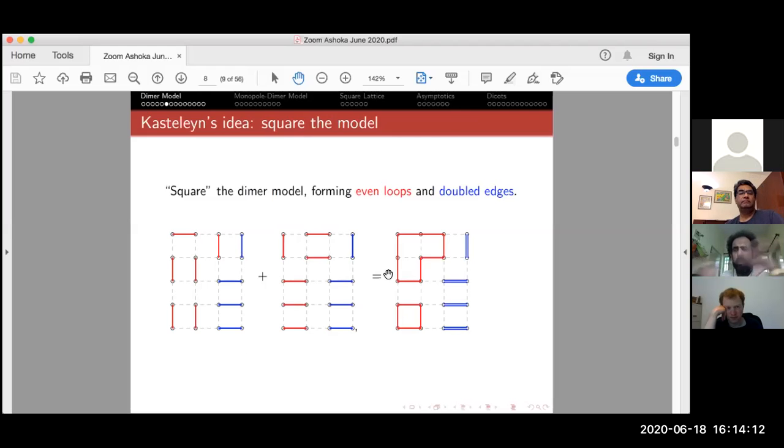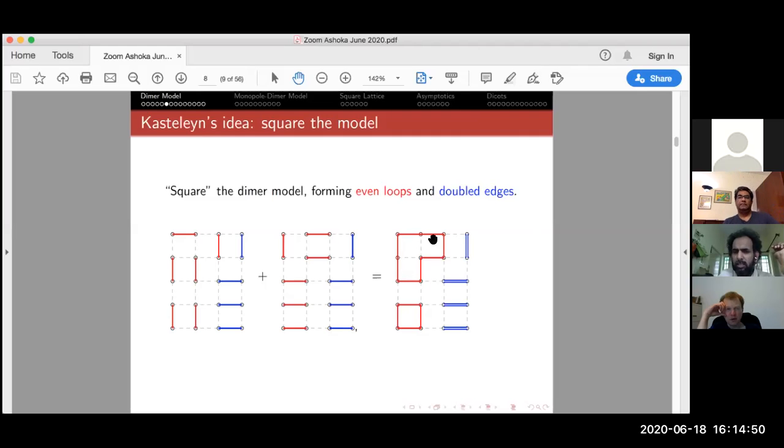When you superimpose them, one can see without too much difficulty that what you will get are either doubled edges, where in both copies the same edge was matched, or a loop of even length. These are the only things that can happen. So what Kasteleyn analyzed was a model like this, where there are even loops and doubled edges.